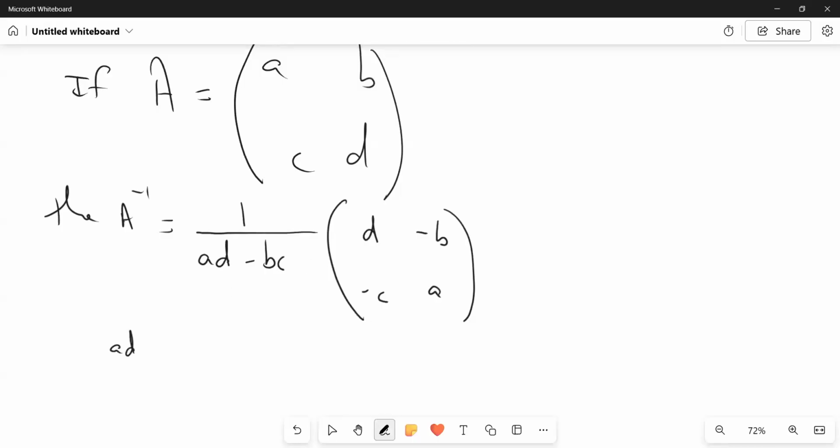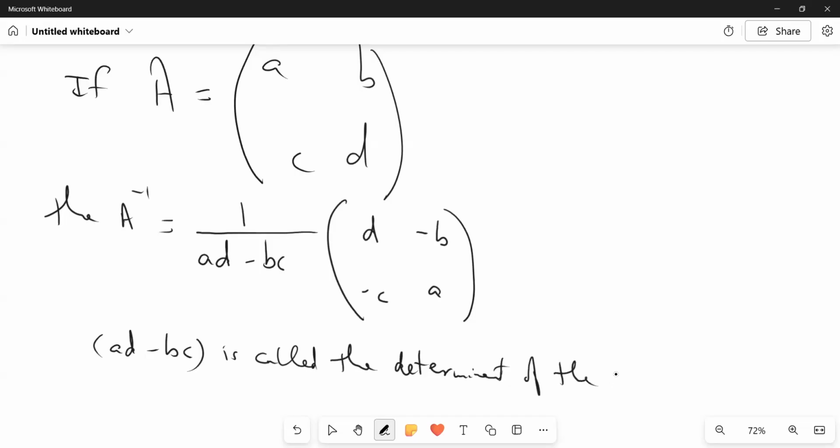AD minus BC is called the determinant of the matrix A. The reason you call it the determinant is that it tells you whether the matrix has an inverse.